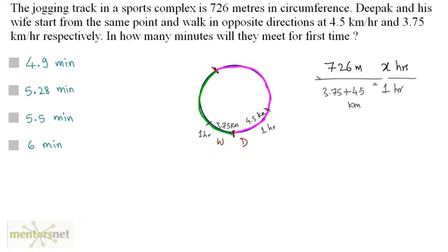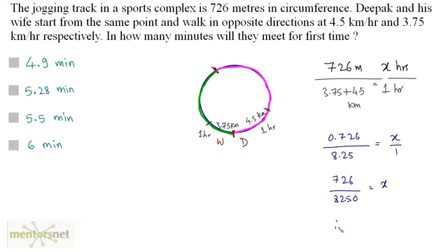Now 726 is in meters and this is in kilometers. So let us convert 726 meters into kilometers, which is 0.726. So 0.726 divided by 8.25 is equal to x by 1, and x will come out in hours. We want it in minutes, we'll do that later. So we have 726 by 8250 as x.